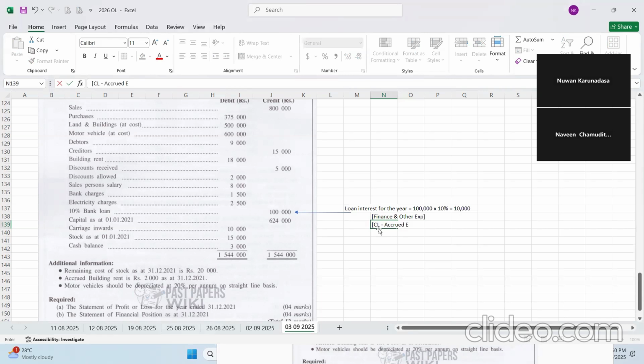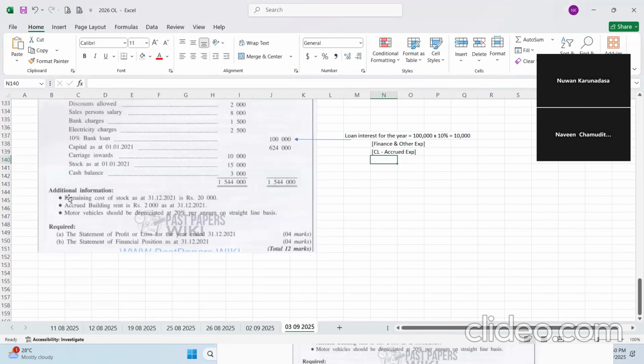They haven't paid the loan interest of 10%, that means 10,000 they haven't paid, so it becomes a current liability, right? Then capital opening balance, carriage inward, stock opening balance, then the cash balance.